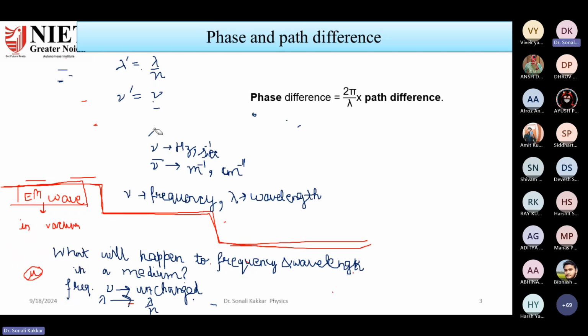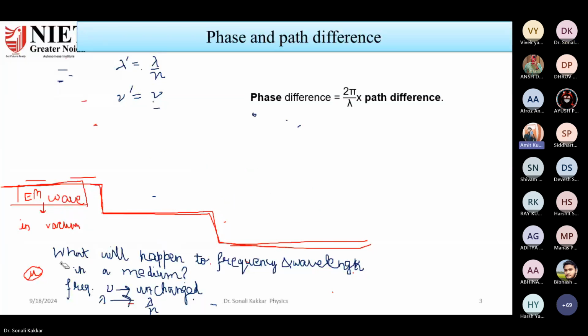Can you analyze this in the equation for velocity? Like v is equal to nu lambda. Or we can write c is equal to nu lambda in vacuum.